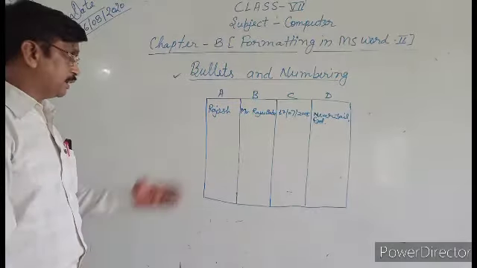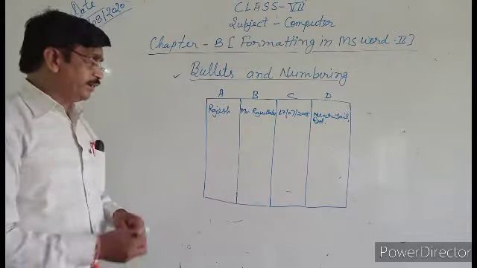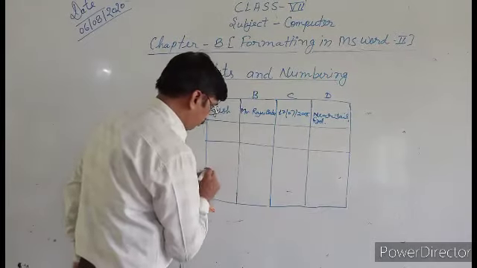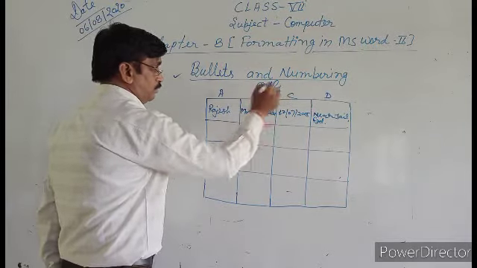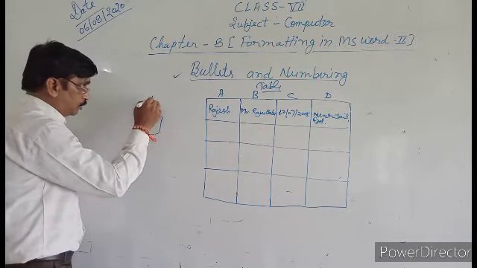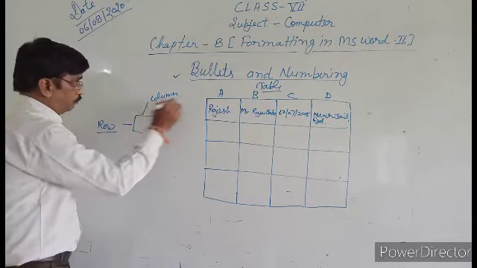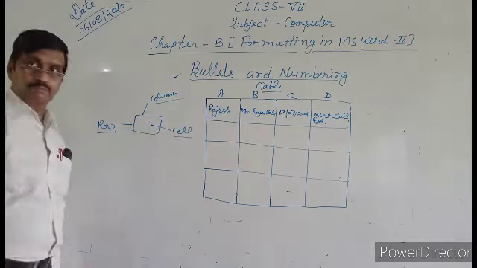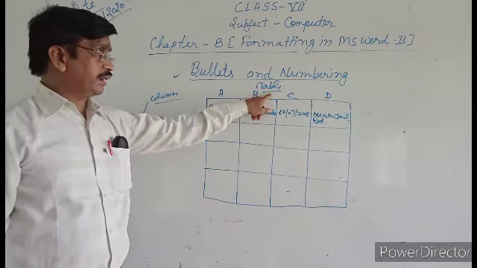Word document also has a facility to make columns, and the intersect points also draw the line. This is called the table. A table is the intersect point of rows and columns. This is called a column and this type is a row, and the intersect point is called a cell. And the grid of the columns and rows makes a table.